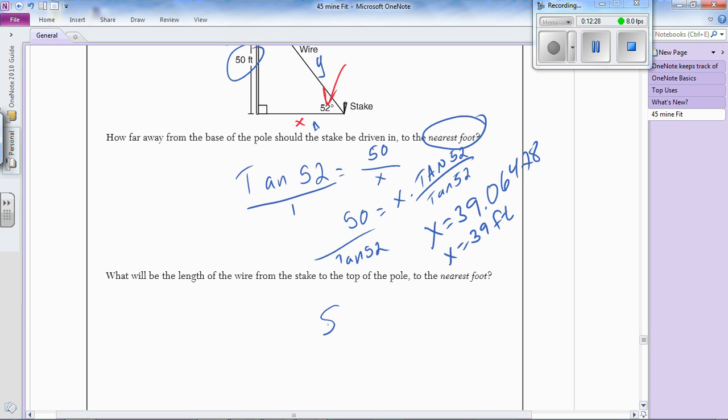So sine of 52 equals opposite, which is 50, over hypotenuse y. So I don't forget, this should turn out to be bigger than 50. If it doesn't turn out to be bigger than 50, something's not right. So y sine 52 equals 50. Divide by sine 52.